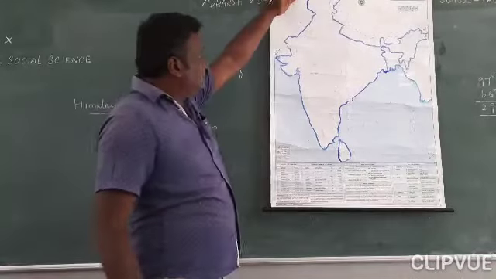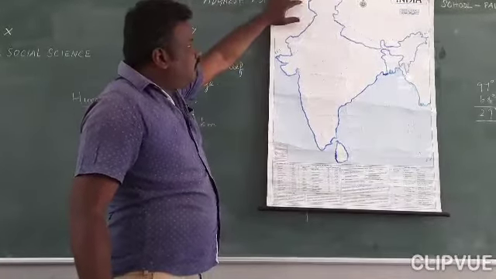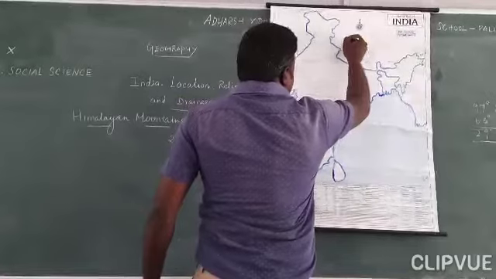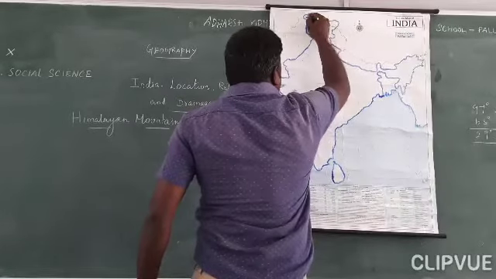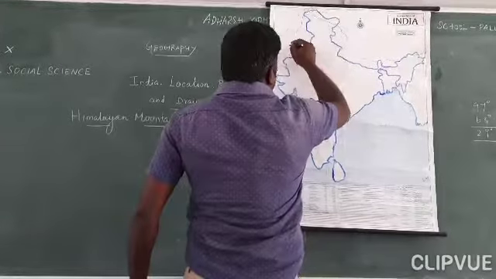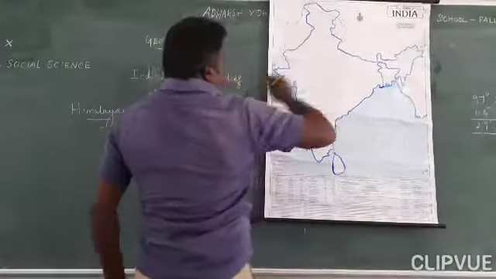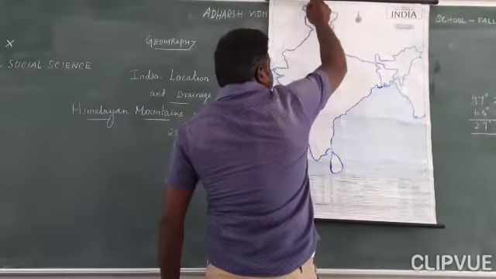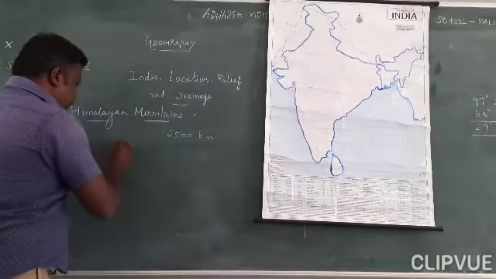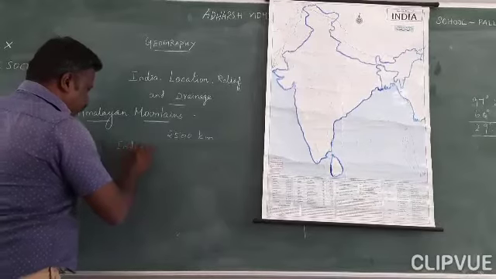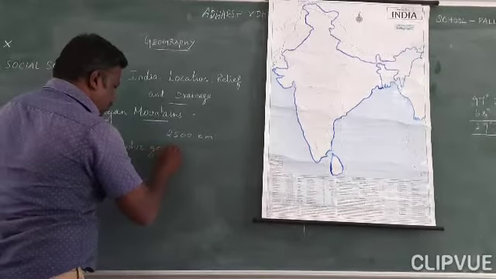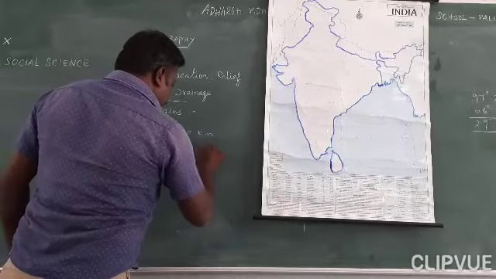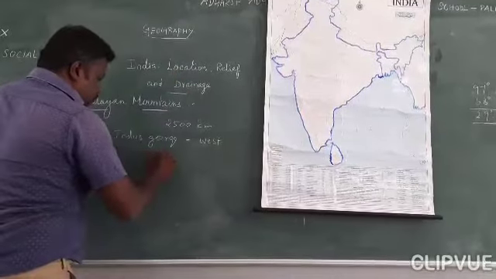You take it from Jammu and Kashmir. This river we call the Indus. It starts from the Kailash range, at the particular place of the Indus Gorge, from west to east.